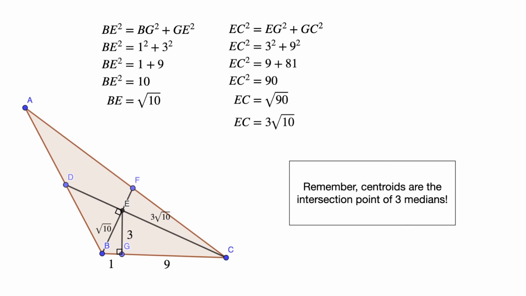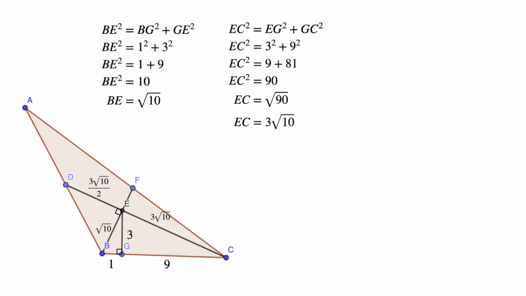Just as a side note, if you're curious about the proof of this property, refer to the links down below to understand why. So since EC is twice DE, we can take half of EC and label here that ED is 3 multiplied by the square root of 10 over 2.